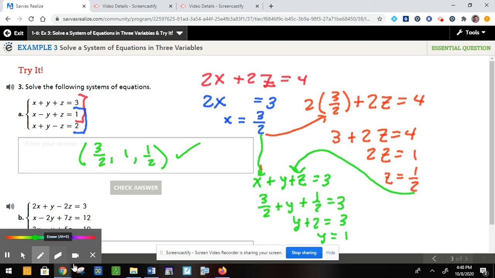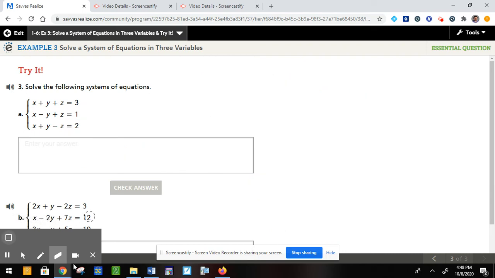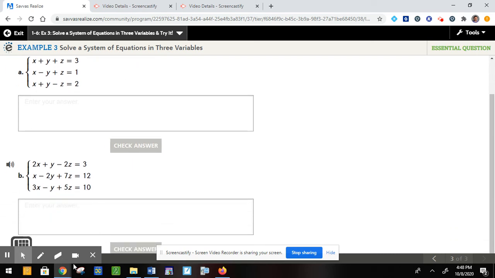All right, let's clear all that out, and then we'll do the last one here. A little more complicated looking. So I think the first thing I'm going to see here is that I can get the y's to eliminate by adding the first and the third together.